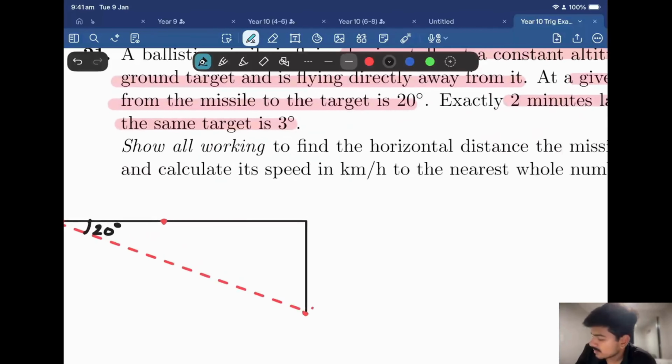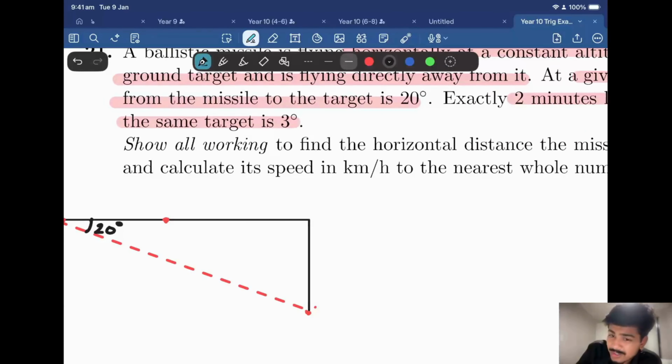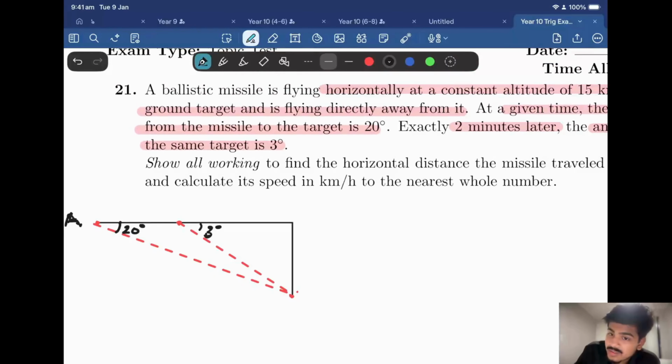Okay, I mean it's still gonna work. It looks weird. The diagrams are a bit incorrect. Okay. Yeah. So this here. This here is 3 degrees. Okay.